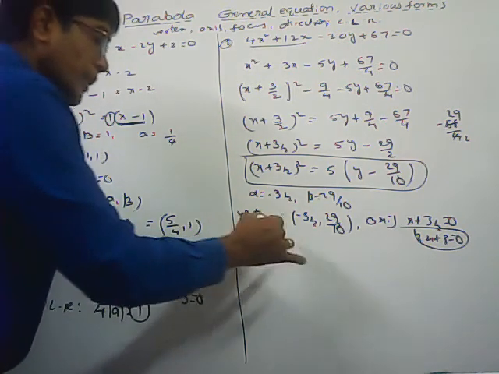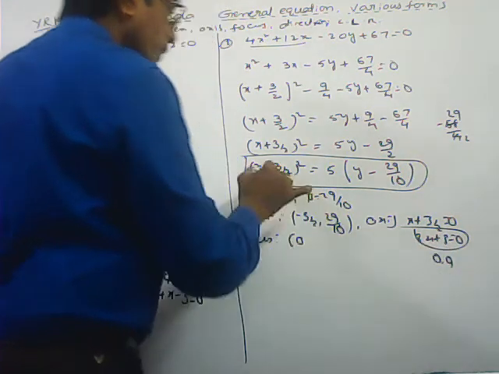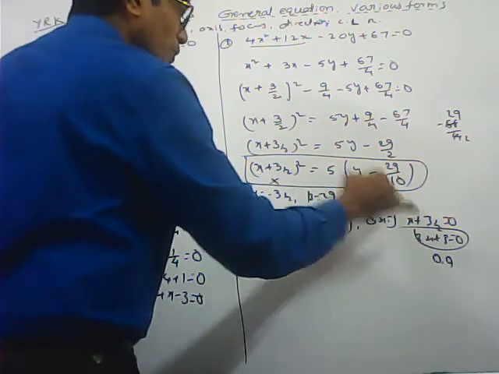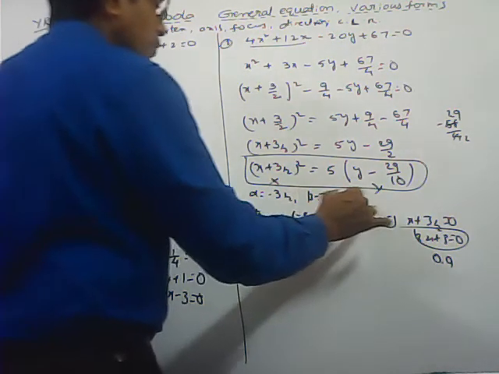Focus is generally (0, a). If I take this as capital X and this as capital Y, then X² = 4aY. What is the a value here?